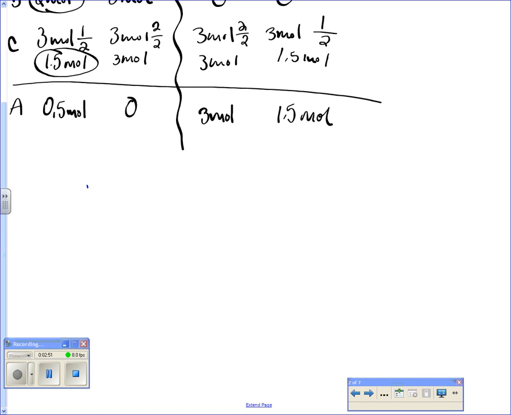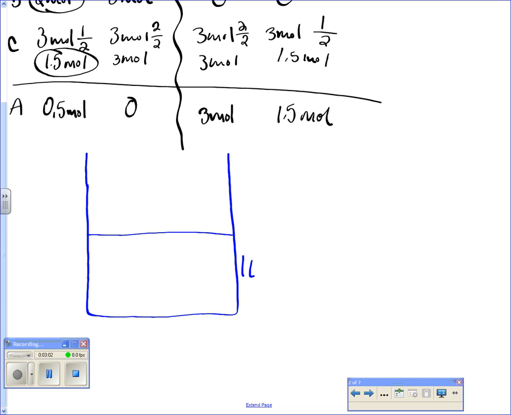So I'm going to start off with basically drawing a beaker. And I know that in the first liter of barium chloride, so I know I have 1 liter of the 2 molar barium chloride, that I have 2 moles of barium and 4 moles of chloride floating around.